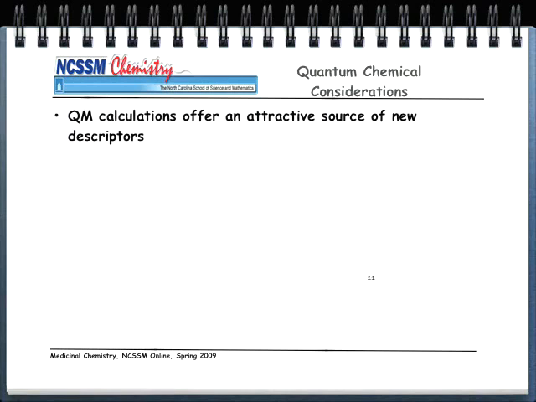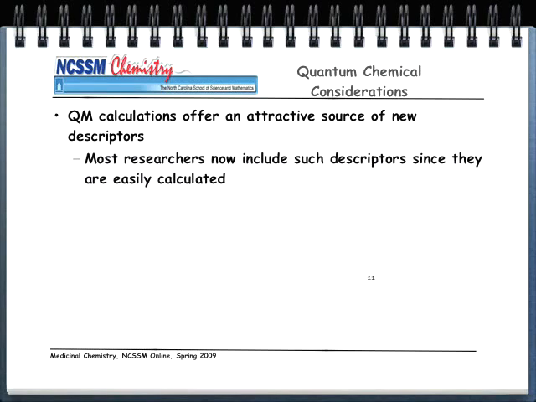Okay, and quantum mechanical calculations, or QM calculations, are really pretty attractive as a new source of descriptors. And most researchers are including these descriptors because they're easily calculated. We don't have to measure them in the lab.